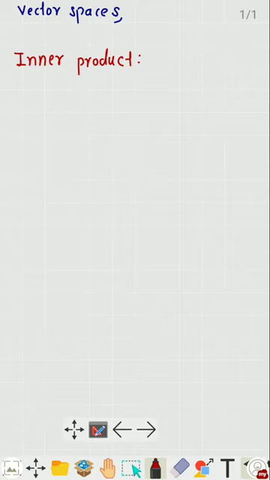Okay. So first of all, we see the inner product is a mapping.